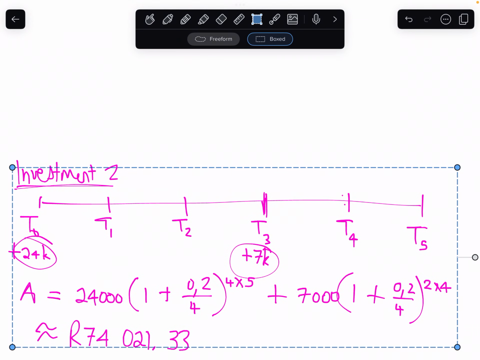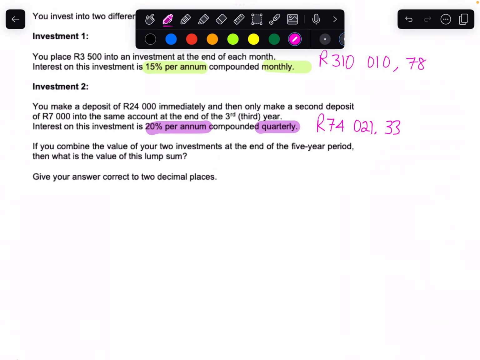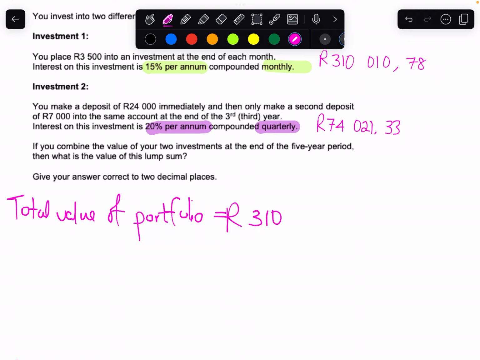A portfolio of investments. Sounds so formal, doesn't it? Love it for us, having a portfolio of investments.